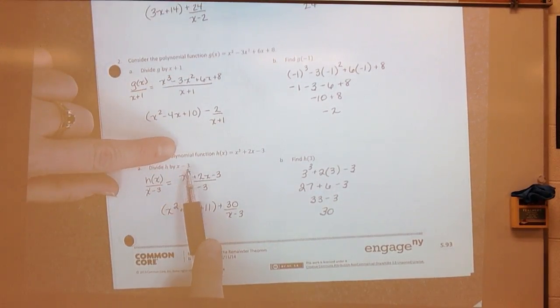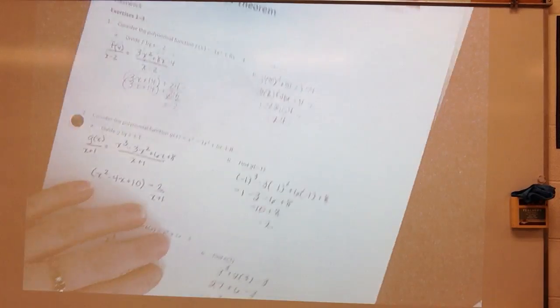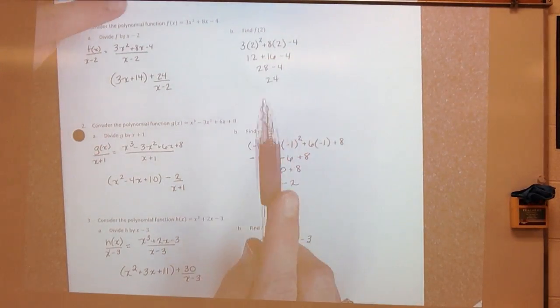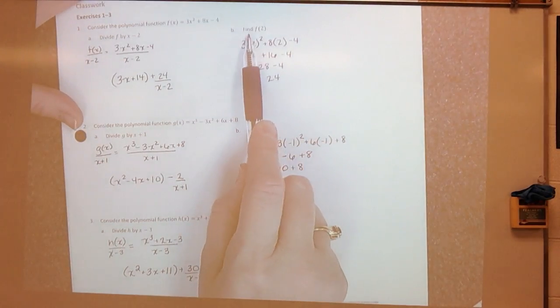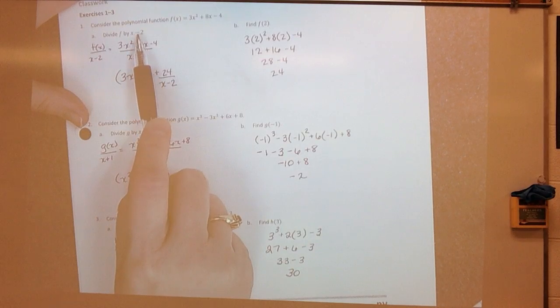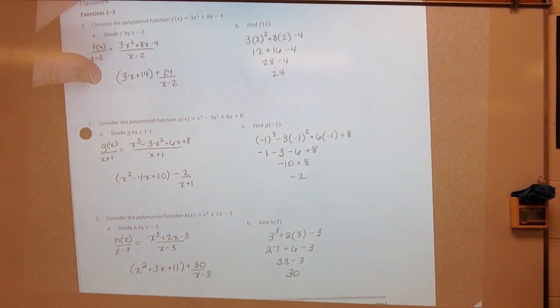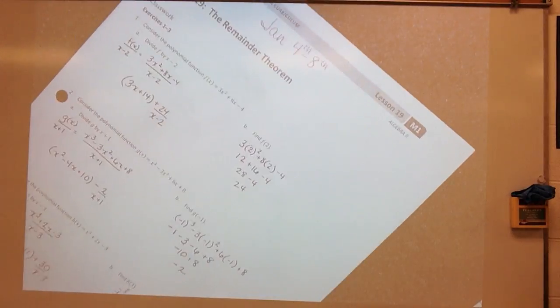This was x minus 3, they decided to find f of 3. Alright, so we're going to kind of use this here if you're still a little confused. But when we figured this out, I can figure out my remainder just by going, okay, I'm dividing by x minus 2, so I want to find f of 2. I'm going to find the opposite of whatever this number is right here.